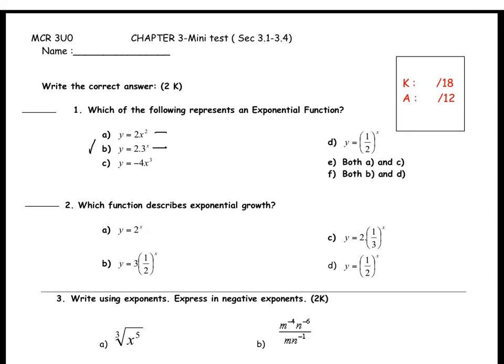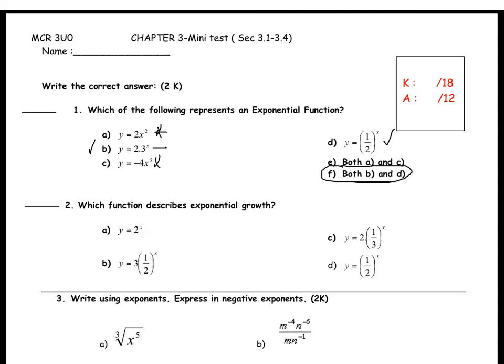The third one, c, the base is the variable, so this is not an exponential function, this is a cubic function. The next one, the variable is in the exponent, so this is an exponential function. So you have two exponentials, b and d, so the answer is option F, which says b and d.